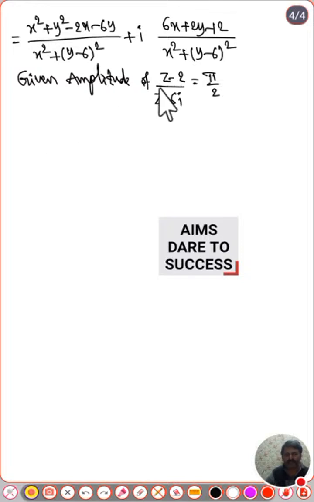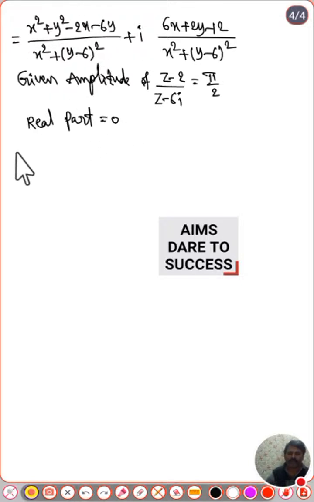Okay, amplitude of (z minus 2) by (z minus 6i) value pi by 2 is given, then the amplitude value is tan inverse y by x. So the value pi by 2, tan 90 becomes what, it becomes 0. So you can take directly for this problem that the real part is equal to 0. Amplitude for this question pi by 2 means real part is equal to 0.